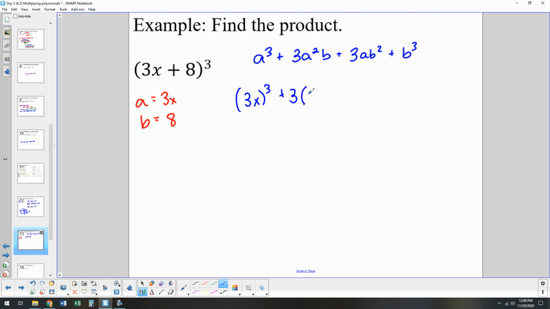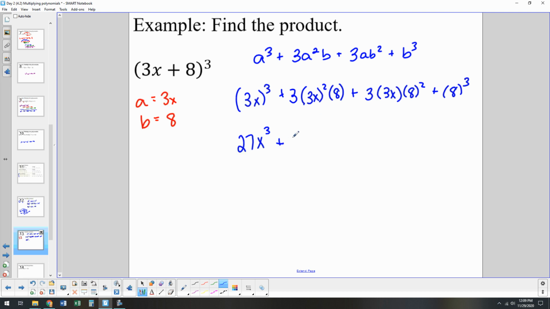plus 3 times 3x squared times 8 plus 3 times 3x times 8 squared plus 8 to the third. So 3 to the third times x to the third plus, this ends up being 3 times 9x squared times 8.